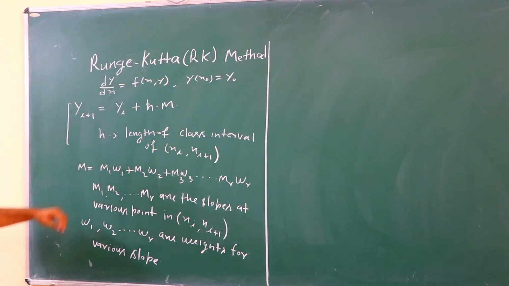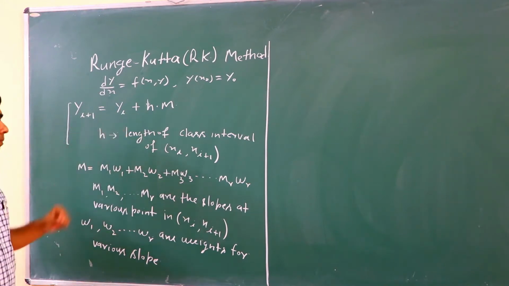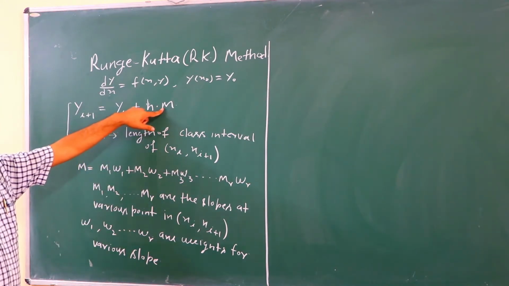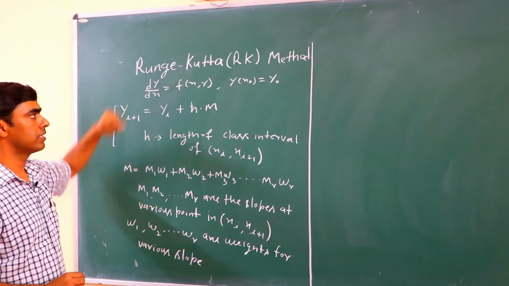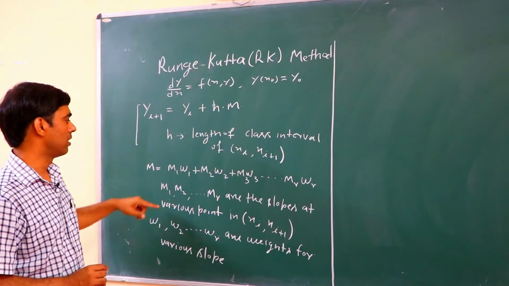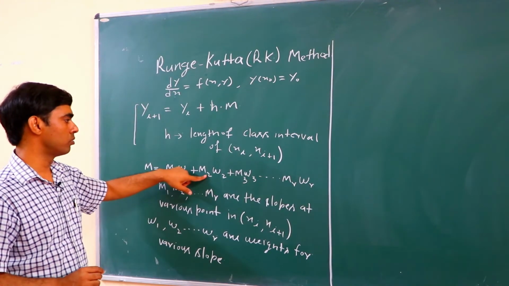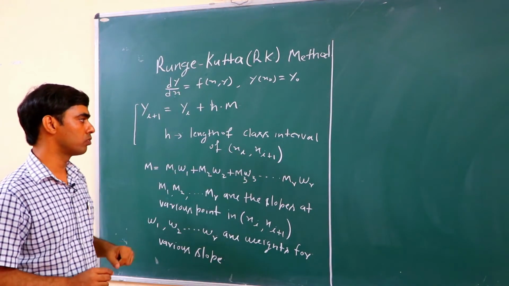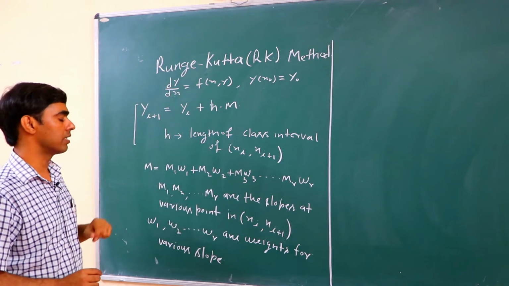The RK method is also categorized by different orders. What is the meaning of this? If we use one slope between x_i and x_{i+1}, then the RK method is called a first order RK method. If we use two slopes, m1 and m2, then it is called a second order RK method.